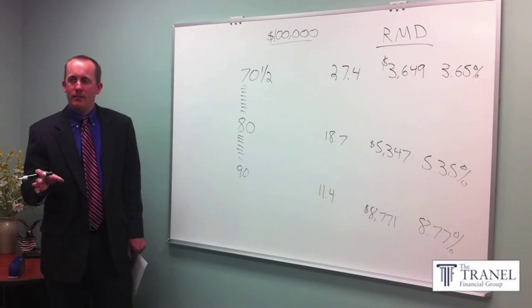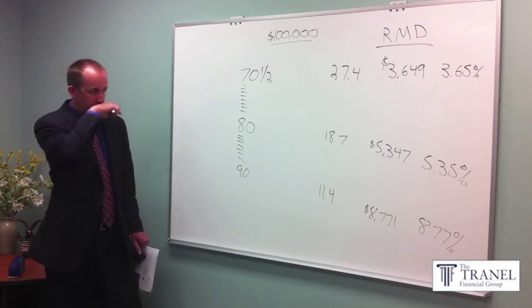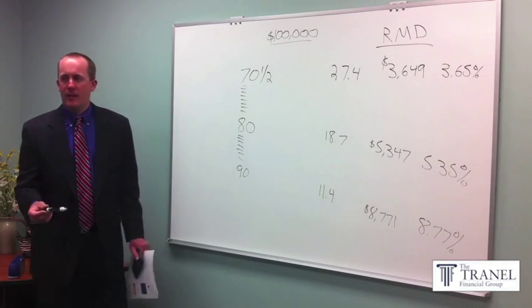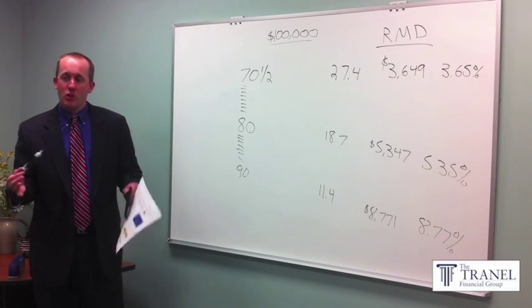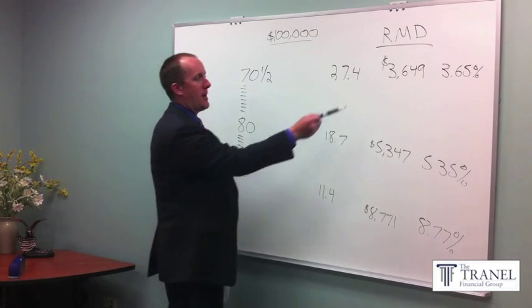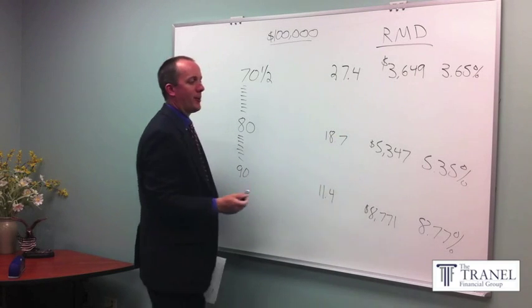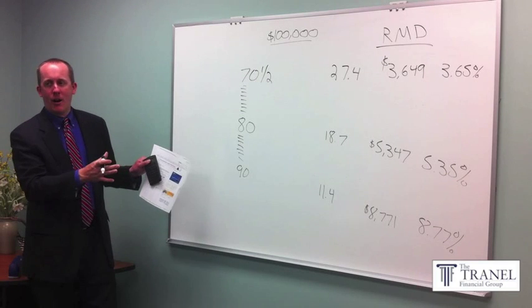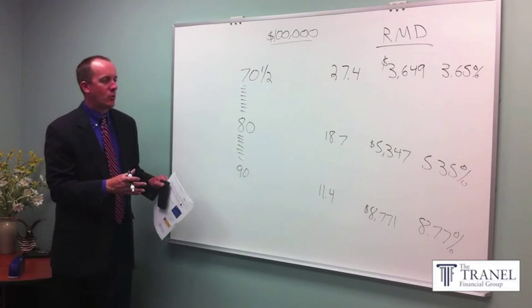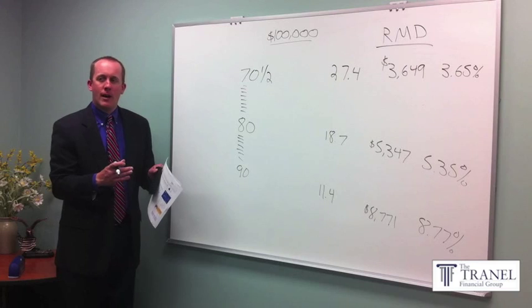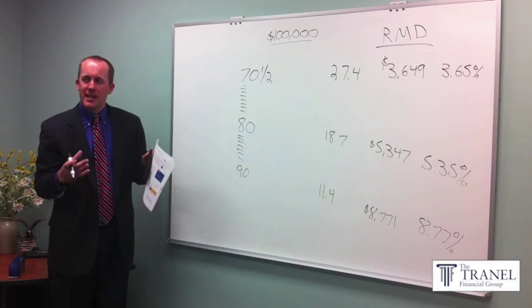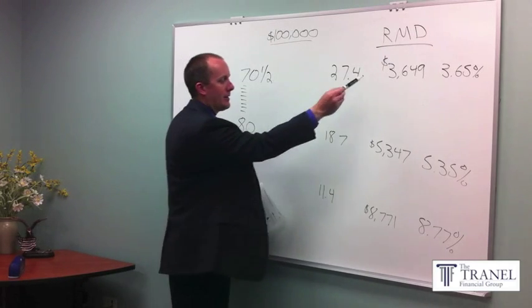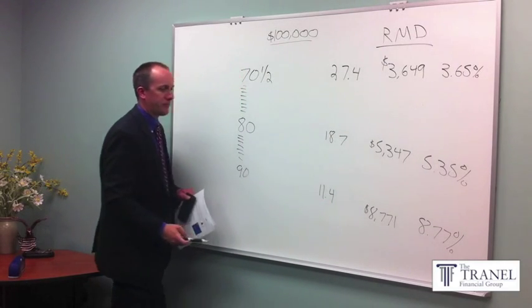Now, with that said, there's no rule that just because they withdraw the money, they need to spend it. They can, of course, save the money to preserve the money, but they at least have to pay taxes on the money. Your whole goal as a financial advisor, when dealing with IRAs, is, in a perfect world, the balance of their IRA, the tax shelter, stays intact to be as big as possible, even while taking out the RMDs.